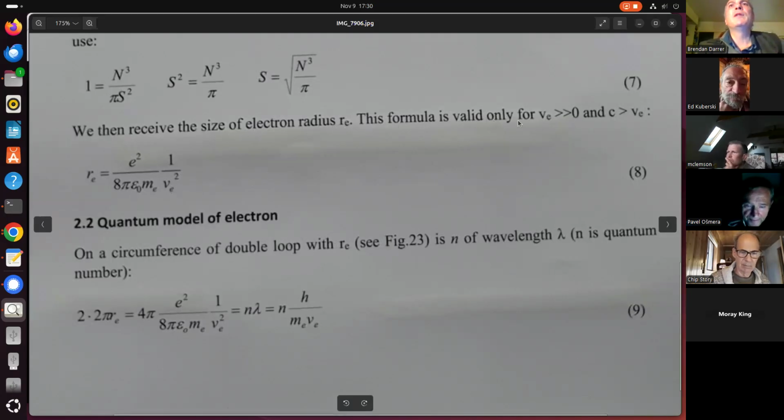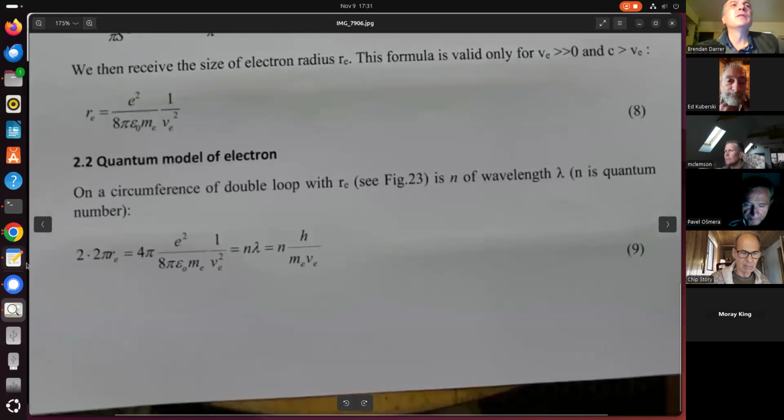This formula is valid only for VE, which I assume is velocity, of the electron much greater than 0, and the velocity of light greater than the velocity of the electron. 2.2 quantum model of electron on a circumference of double loop with RE, radius of electron, see figure 23, is n of wavelength lambda. N is the quantum number or orbital number, orbital level. That is shown in equation 9.